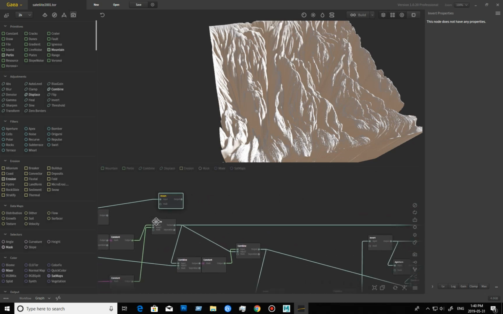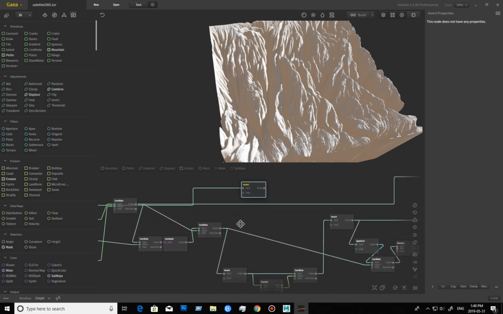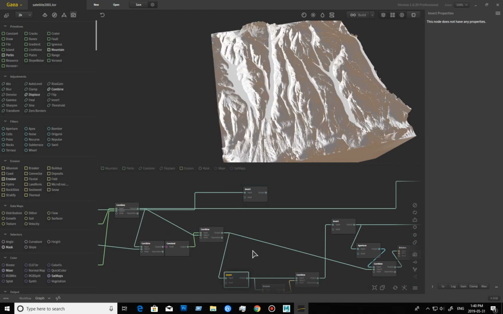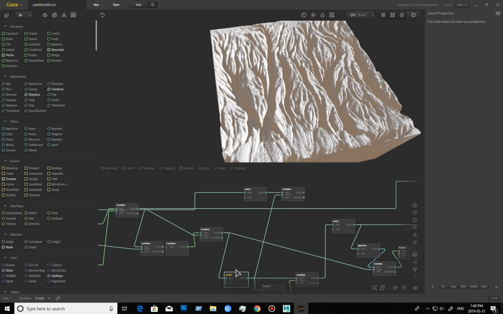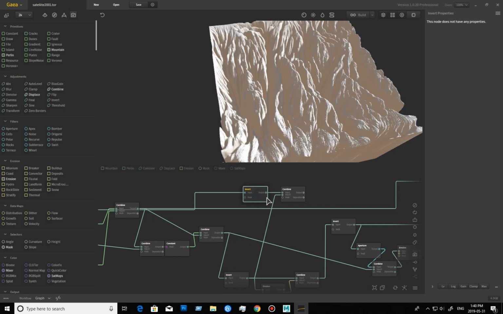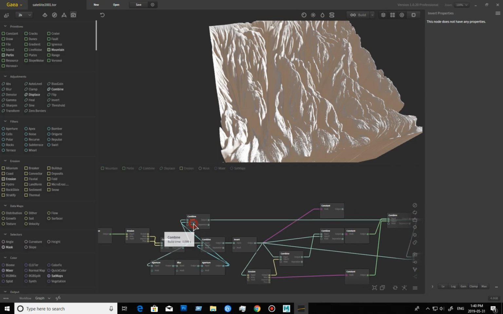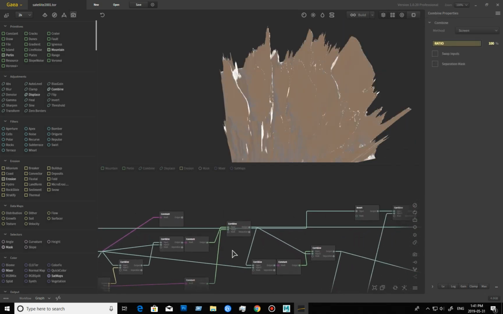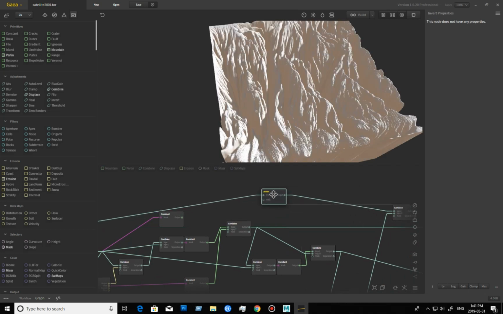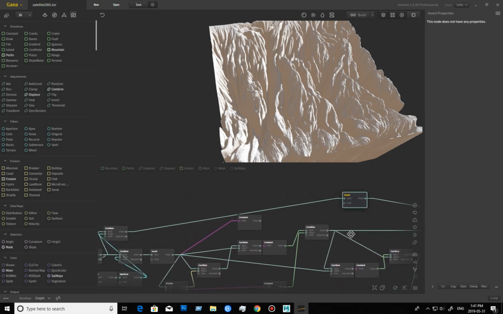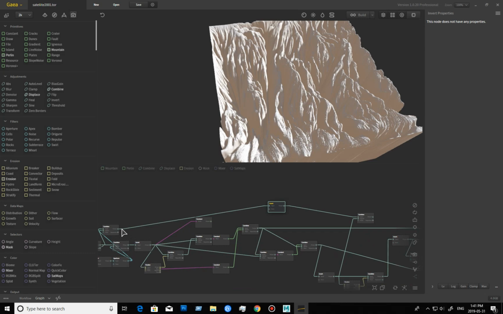Here, let's take this and combine with our inverted one here. That's not what I wanted.